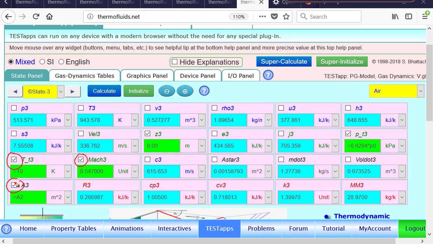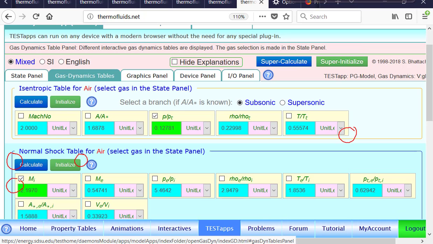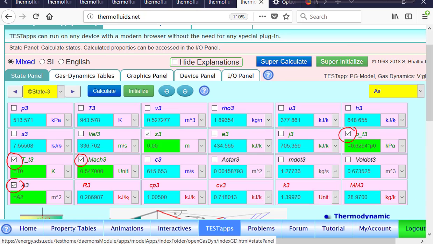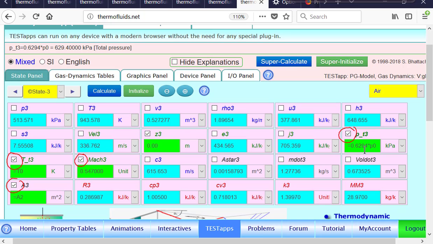The shock is so thin that A3 and A2 must be equal. We need one more piece of information, and the total pressure ratio has decreased across the shock. If you go back to the shock table, you will see the pressure ratio PT exit over PT inlet is 0.629. We come back, and that's what we have substituted here. So state 3 is completely evaluated.